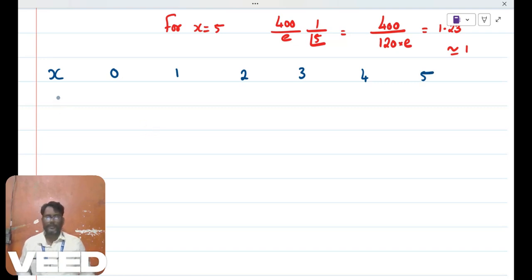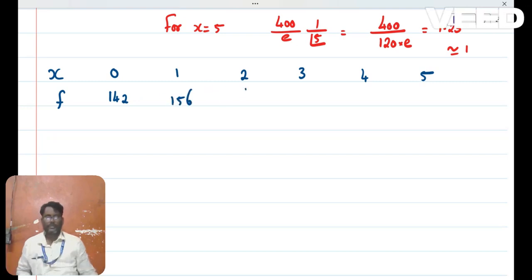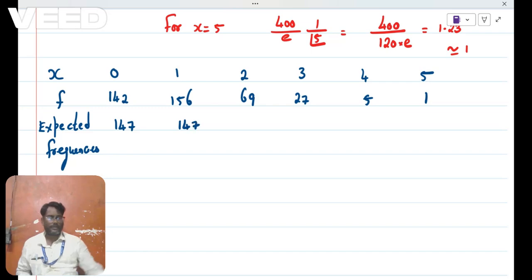The observed frequency is given as f: 142, 156, 69, 27, 5, 1, and the computed, that is expected, frequencies are 147, again 147, you can cross check it.